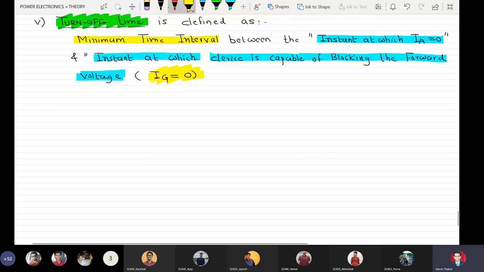Okay, so just like turn on time had 3 components, turn off time has 2 components.